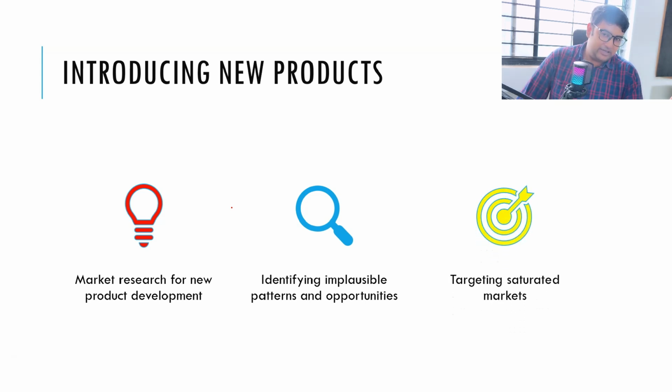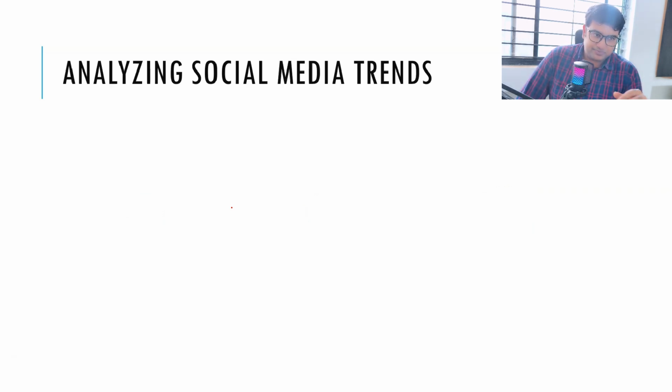And finally, targeting saturated markets. Even if a market is very saturated with a lot of products, there will still be certain problems. It never happens that a market becomes completely saturated. If people are selling, there might be some customers facing one kind of issue or another, so you can improvise on that. Ultimately, that's how you will be able to launch new products.